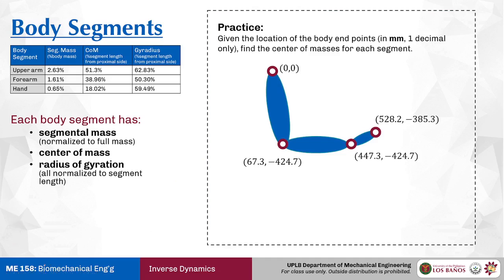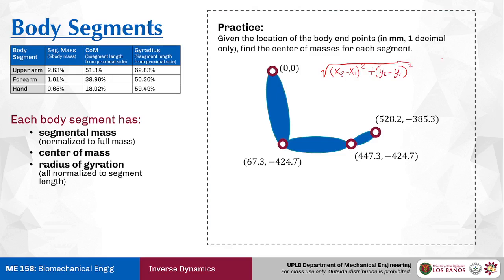If you can recall, to measure the distance between points, what you do is take the square root of the sum of the squares of the differences between the coordinates of each endpoint.